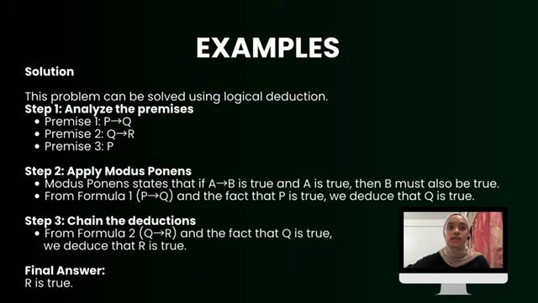Since the third premise states that P is true, we can conclude that Q is also true from premise 1. Then, since Q is true, from premise 2 we can conclude that R is also true. So from that, we can deduce that R is true. Our final answer is: R is true.